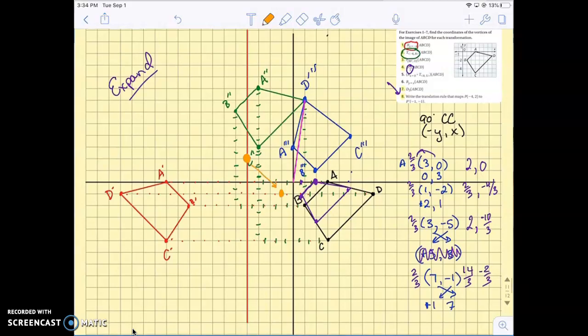So I'm going to translate right 3 and then down 3. Or I could write it as x plus 3, y minus 3. And again, we'll talk more about this on Friday at 8:55.